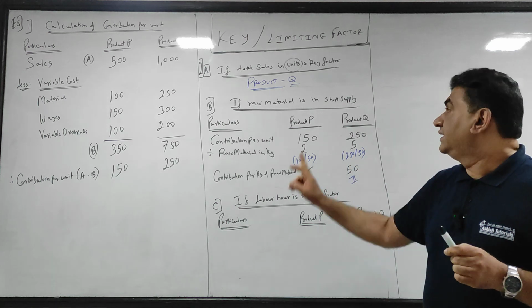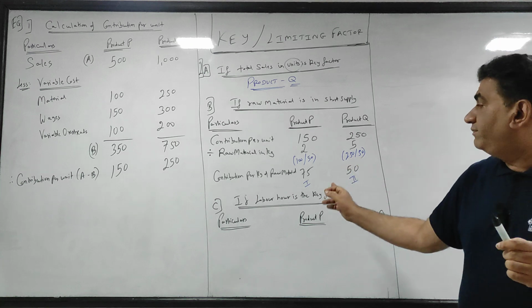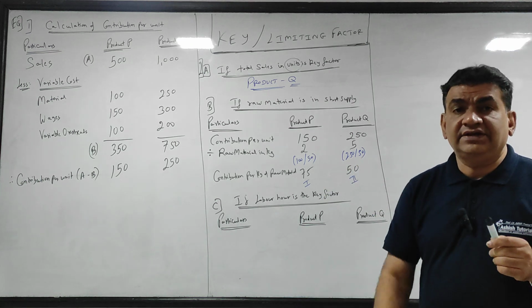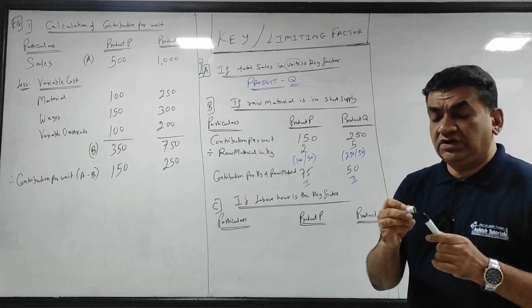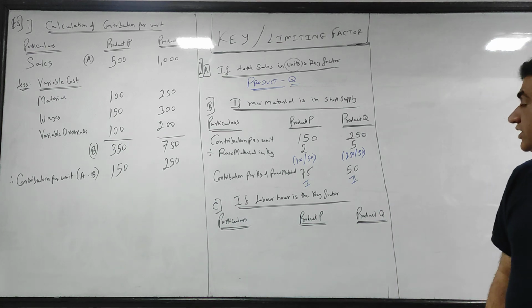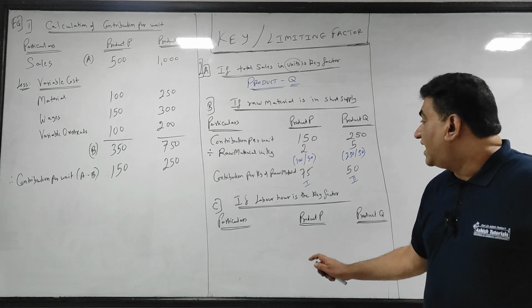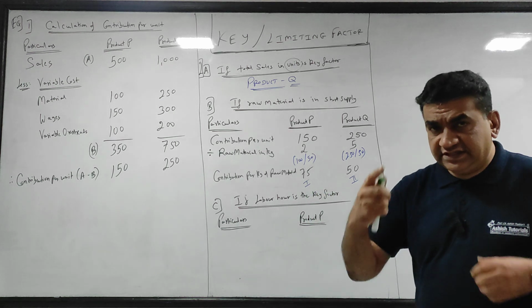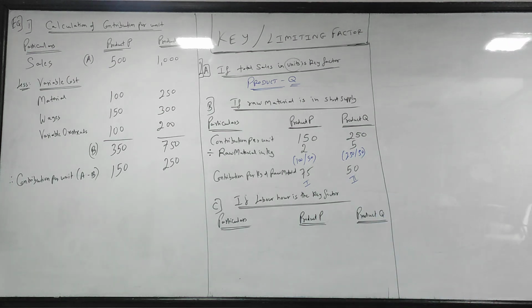So when material is in short supply, I will give preference to that product whose contribution per kg of raw material is higher, and which is higher? P. Okay, just write down a note below this.